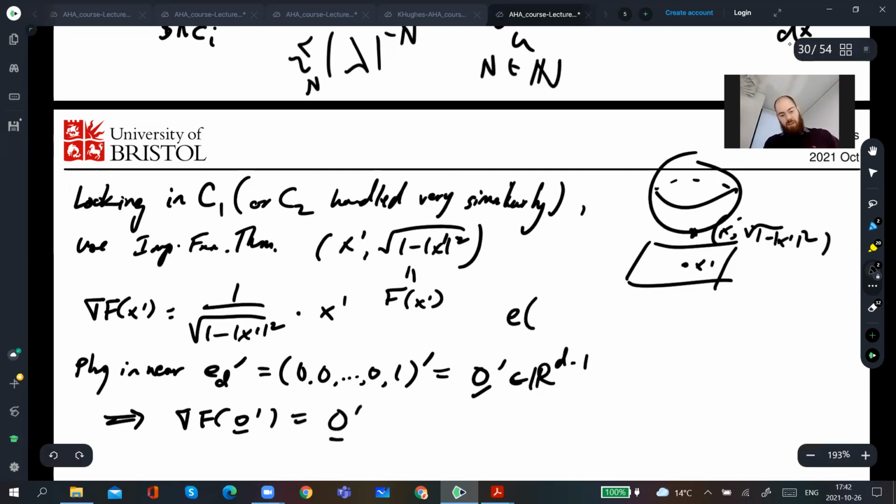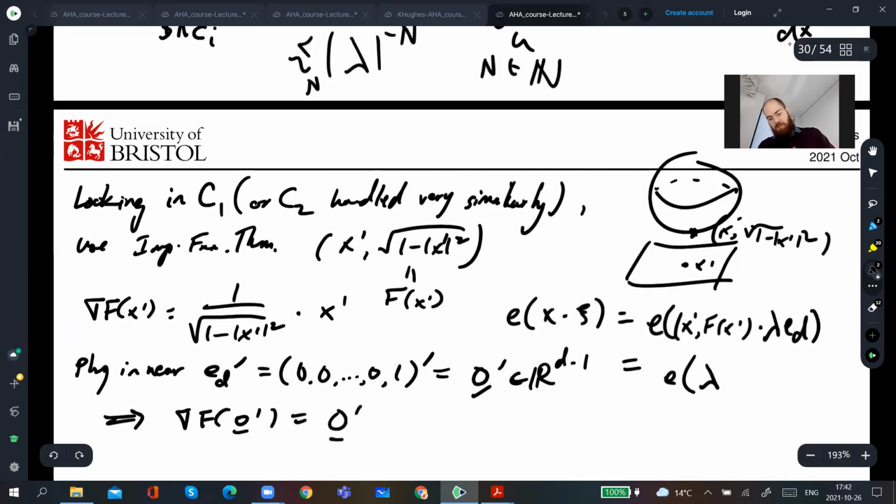Why am I saying that? Because we're looking at e of x dot c, which for us is e of x prime, f of x prime, dotted with lambda e_d. And that is by itself a one-dimensional integral, actually. It's e of lambda f of x prime.